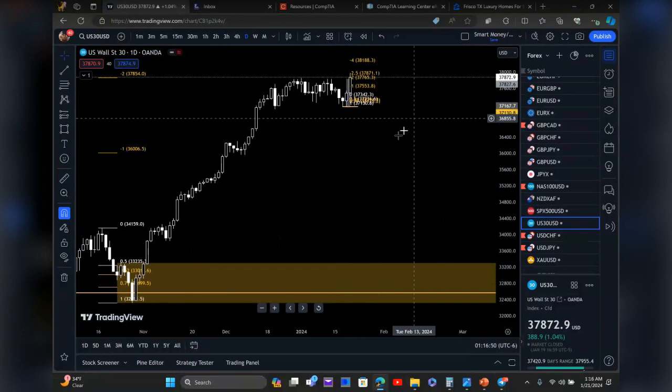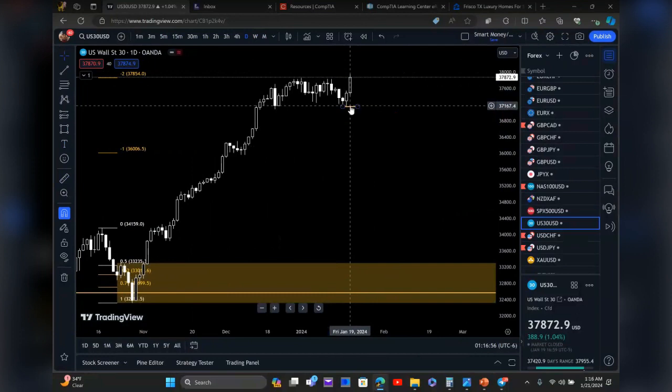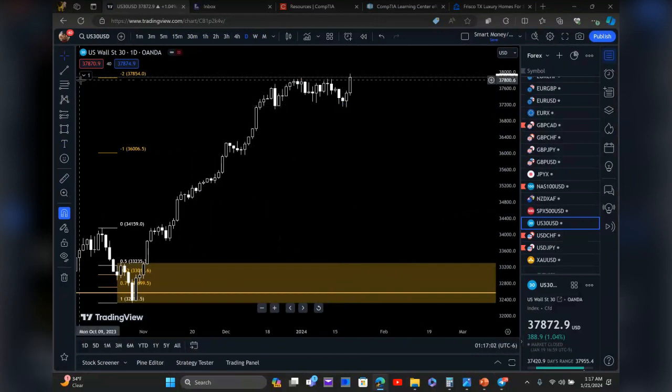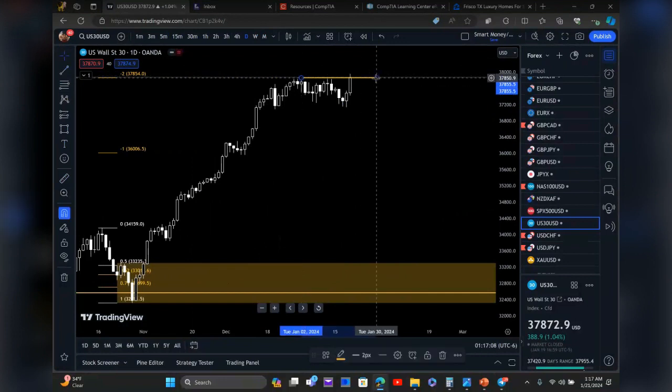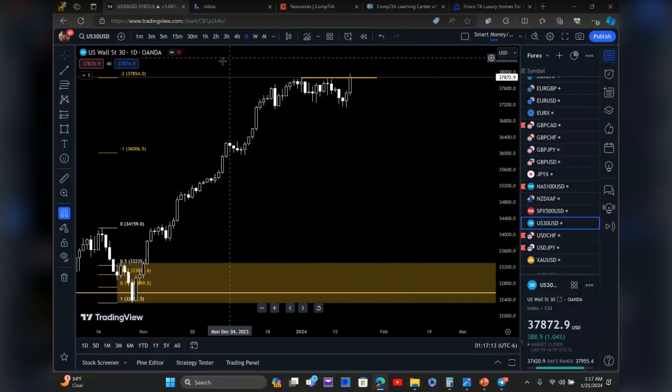Because look at this. Tell you what, let's delete this one. Because we might be coming down soon on US 30. Let's take a look. So look at what we got. Now we got liquidity taken out here. Boom. See that? This is the daily. So on the daily, that's all we got.